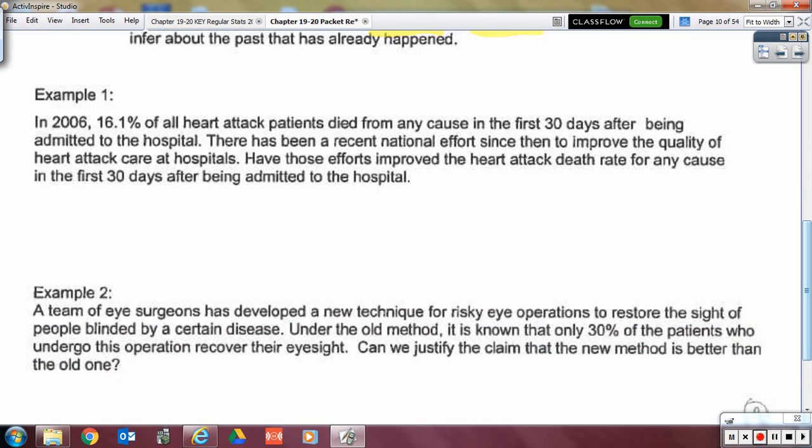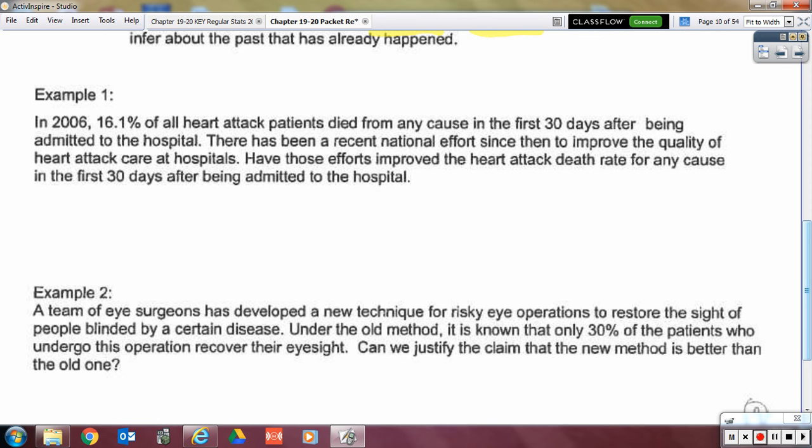So here we go. Example 1. In 2006, 16.1% of all heart attack patients died from any cause in the first 30 days after being admitted to the hospital. There has been a recent national effort since then to improve the quality of heart attack care at hospitals.